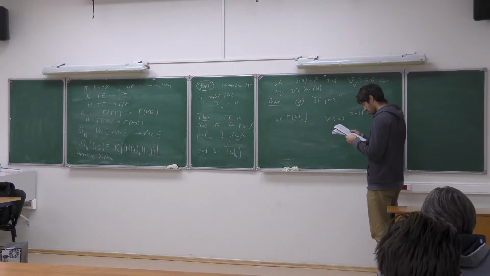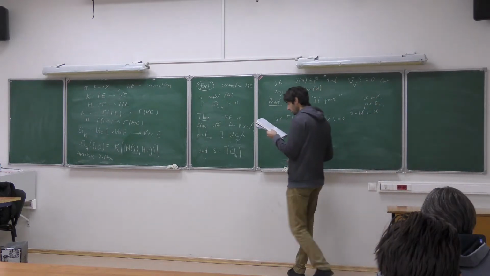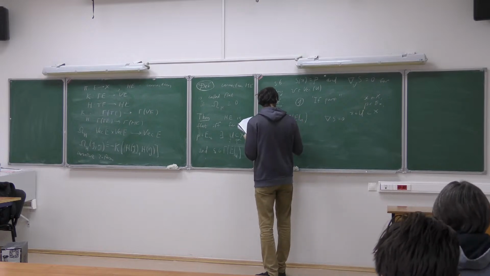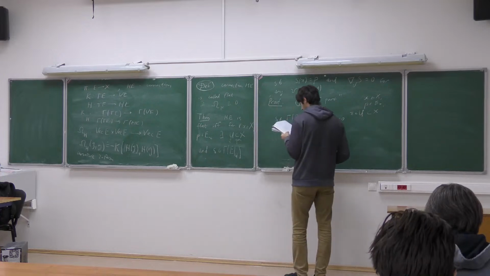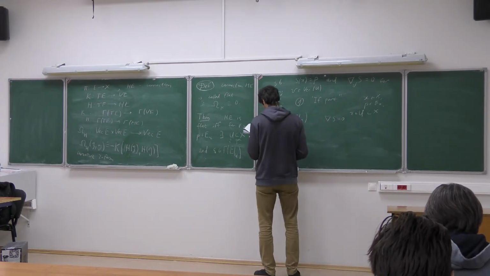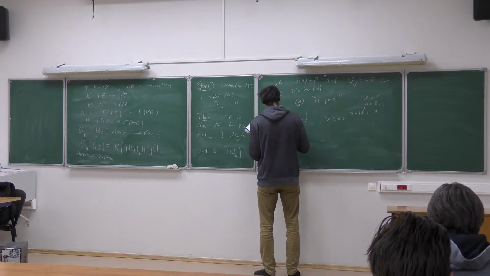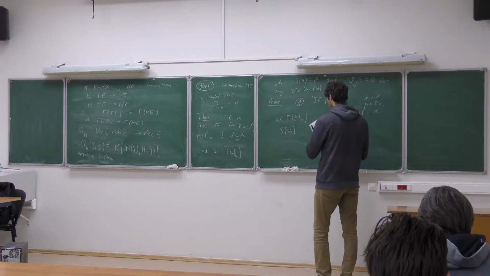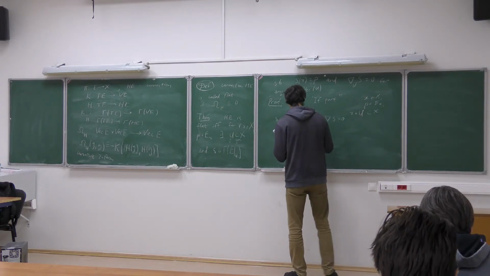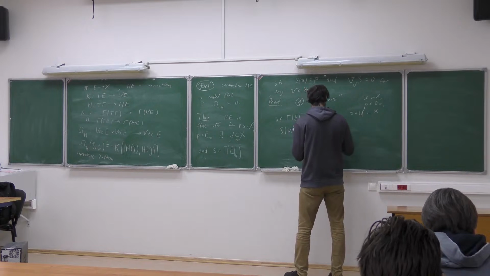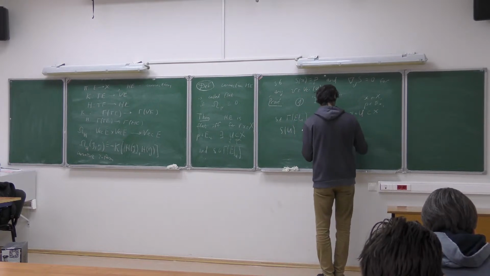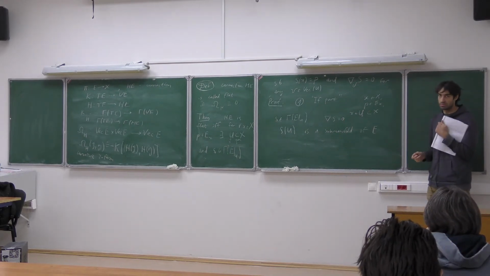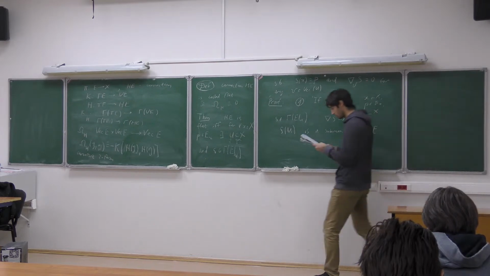Then I can take the image S of U. I claim that this is a submanifold of E. Well, this should be clear.